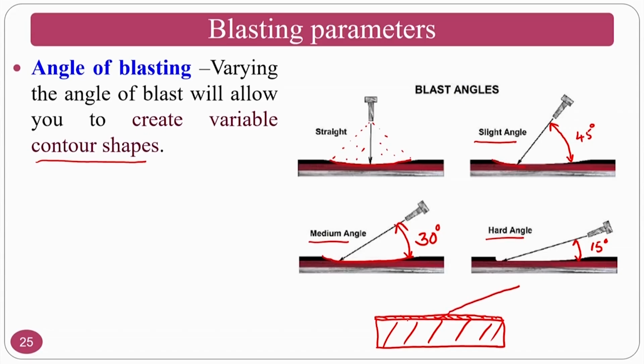It will delaminate the coating which is coated on this one. This is the coating, and this is the workpiece surface. So this is my angle of impingement of the abrasives, and in that circumstance I can delaminate this particular layer here.